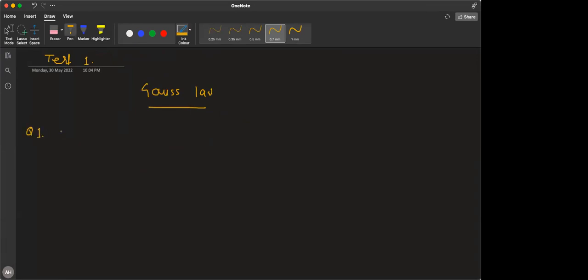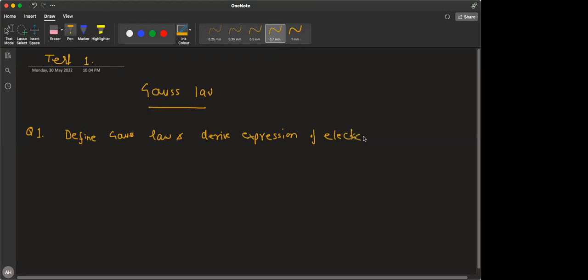Question 1. Define Gauss law and derive expression of electric field due to a line charge.